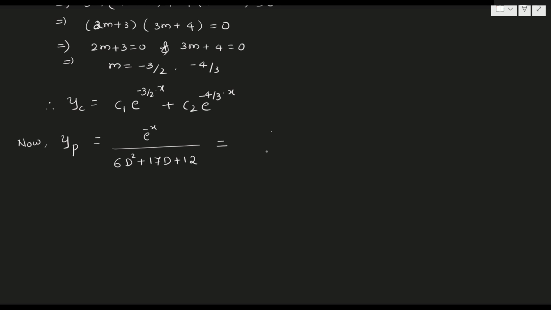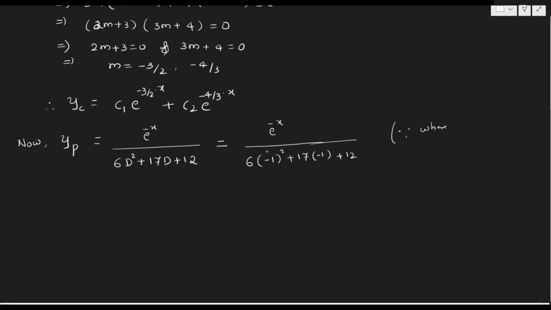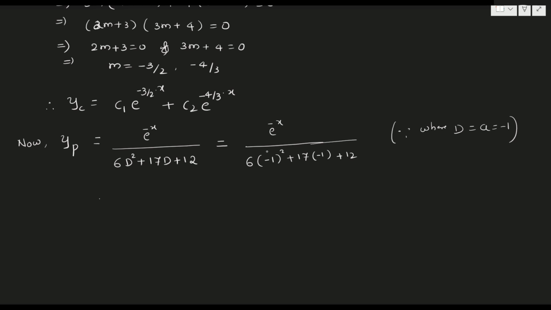So this becomes e raised to minus x divided by 6 into minus 1 square plus 17 into minus 1 plus 12, where D is equal to a is equal to minus 1. What happens now?